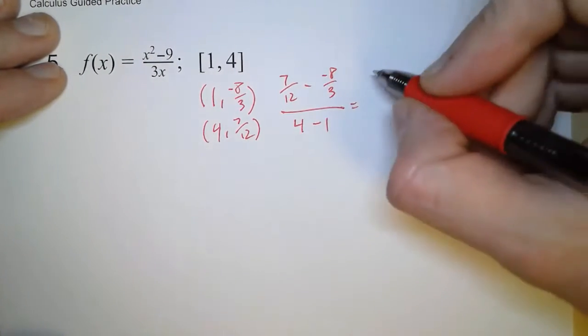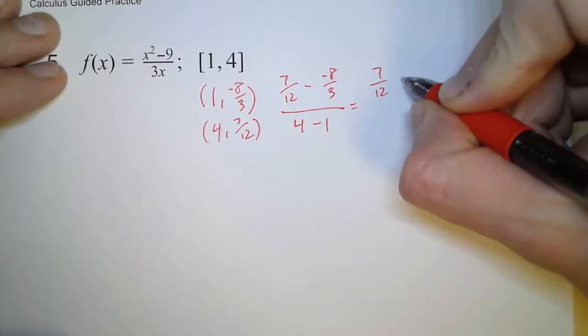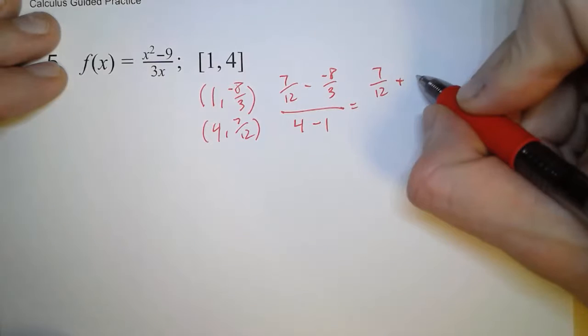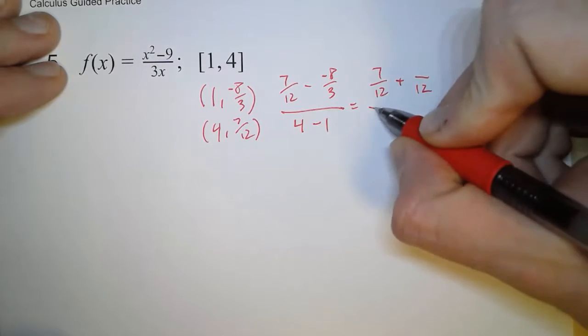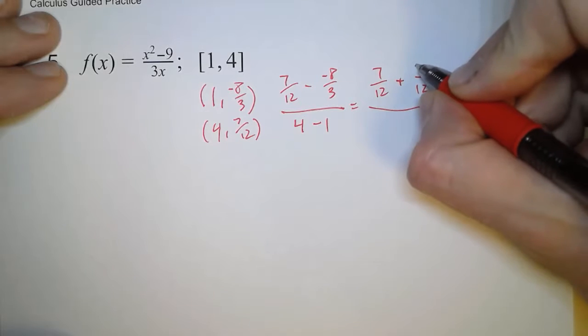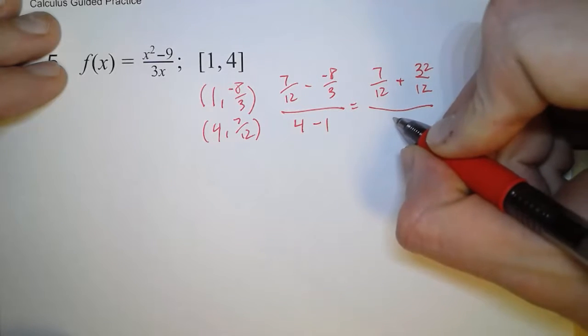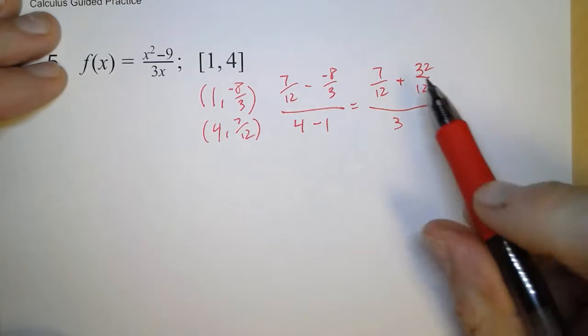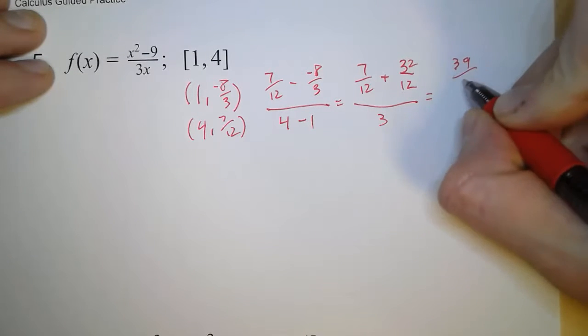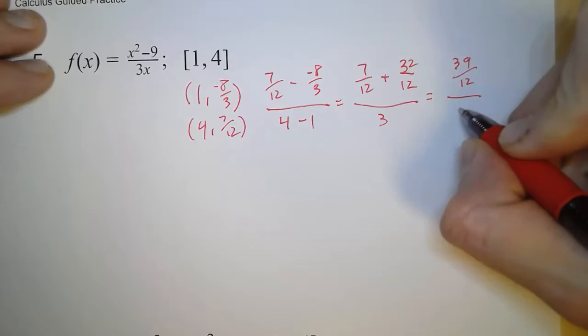So I'm going to rewrite this as 7/12 plus, because we're subtracting a negative, 8 thirds with a denominator of 12, so I can simplify that. So that means I multiply the top and the bottom by 4. All right, so here we've got 32 and 7, so that makes 39 over 12 over 3.